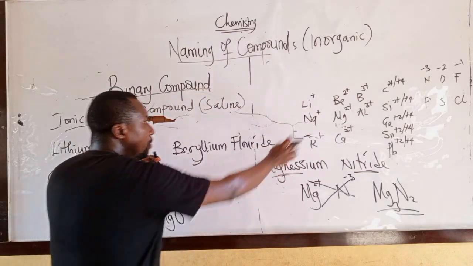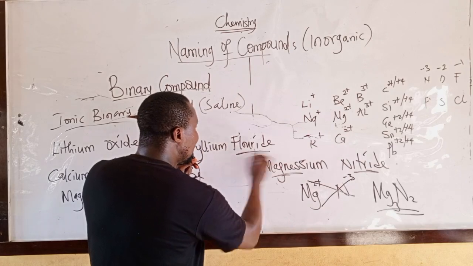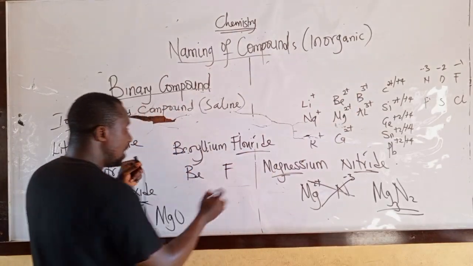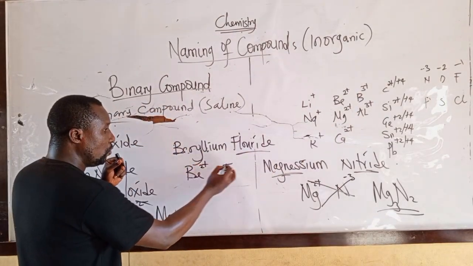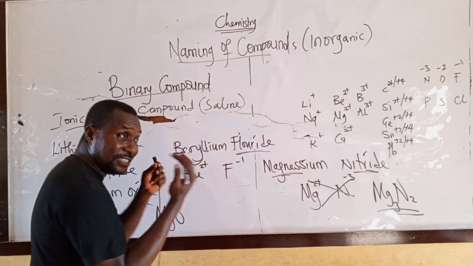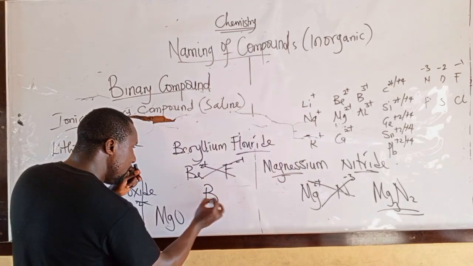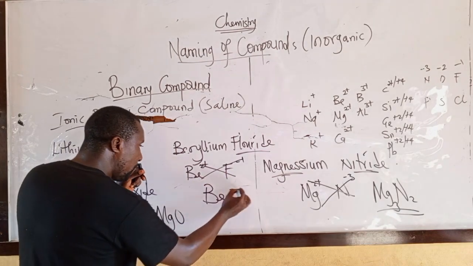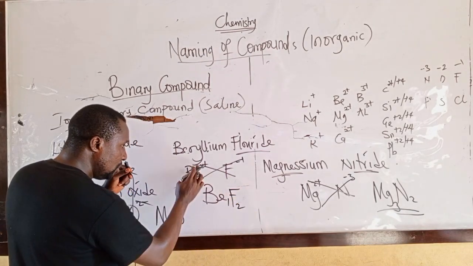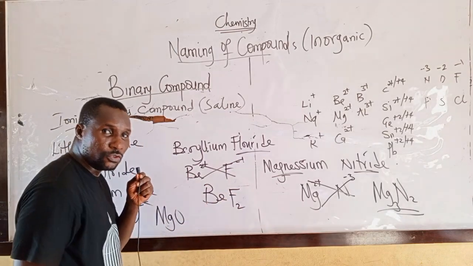That means beryllium, group 2, Be. Fluoride comes from fluorine, group 7. Beryllium is +2. Fluorine is group 7, -1. What happened? Valency, combining power. This one comes down here, this one goes down here. Beryllium 1, then fluorine 2. Therefore, beryllium fluoride. Please take note of that.